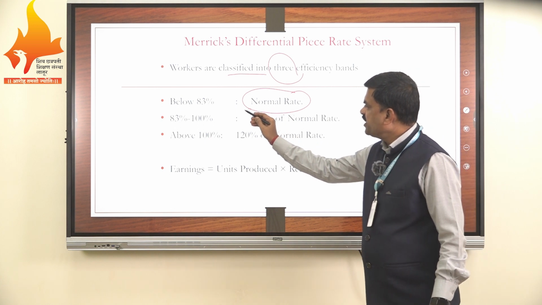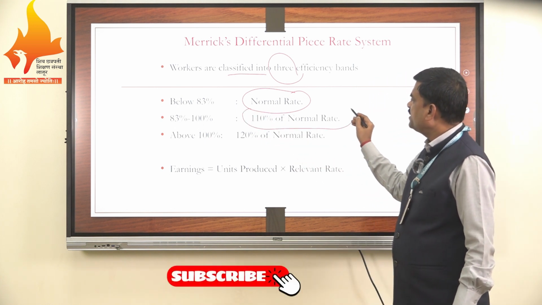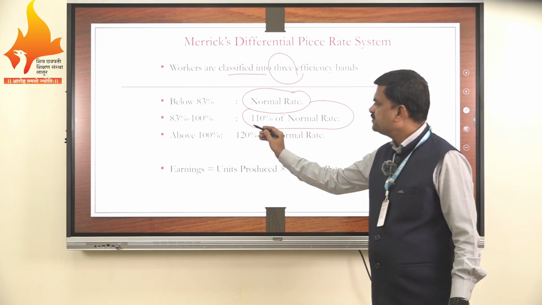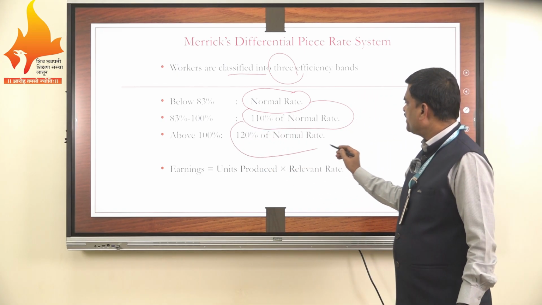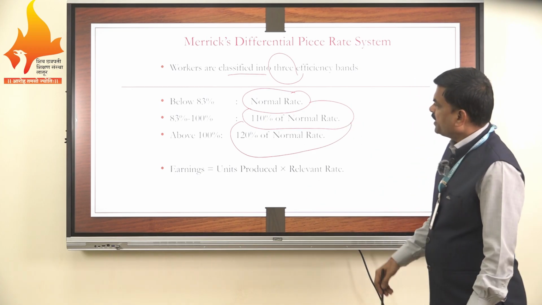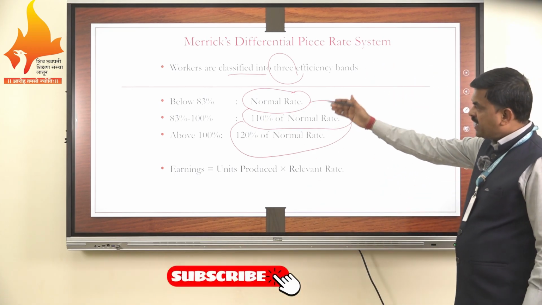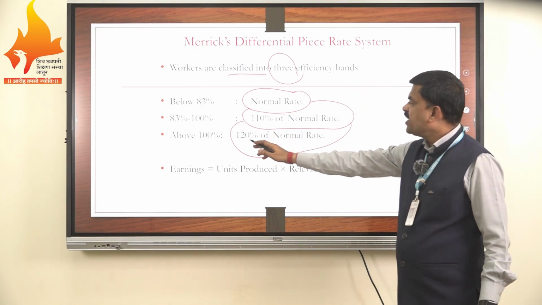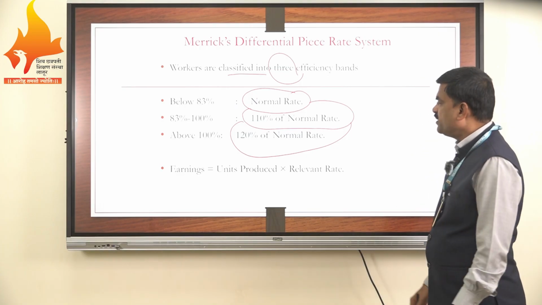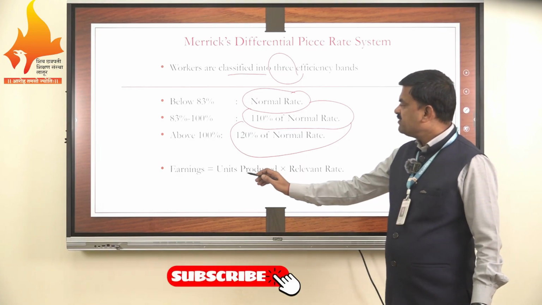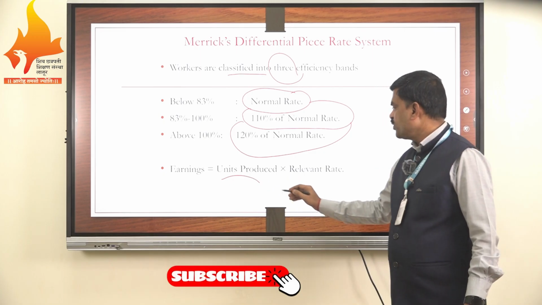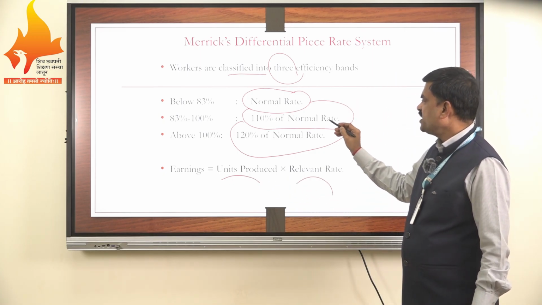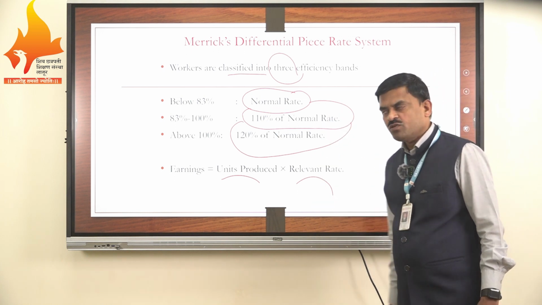If his efficiency is between 83 and 100%, then 110% of the normal piece rate will be given, and above 100%, 120% of the normal rate will be given. The earning is computed as units produced multiplied by the relevant rate, that is the normal rate, 110% of normal rate or 120% of normal rate.